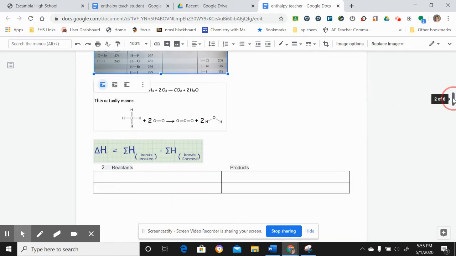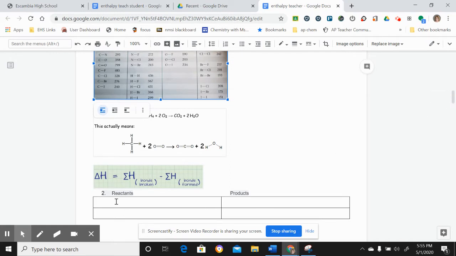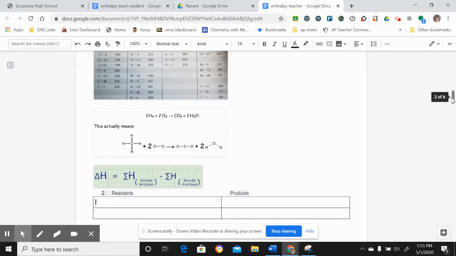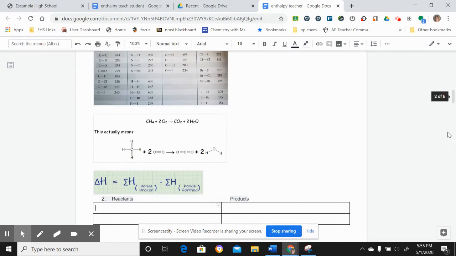So if I look on this first side, on my reactants, I have CH4. And my first one, I have CH bonds. So I have a C to an H. And how many C to H bonds do I have in that methane molecule?